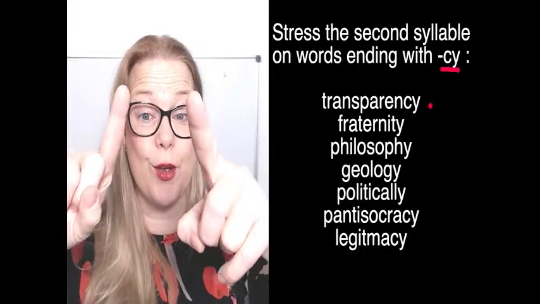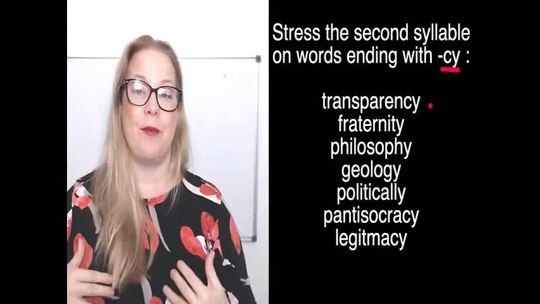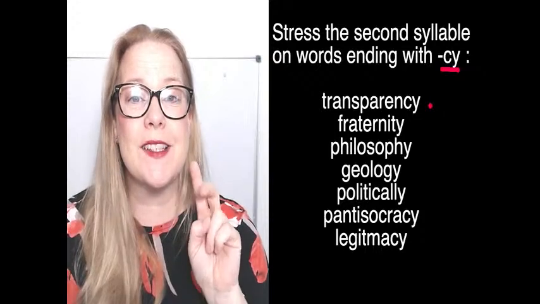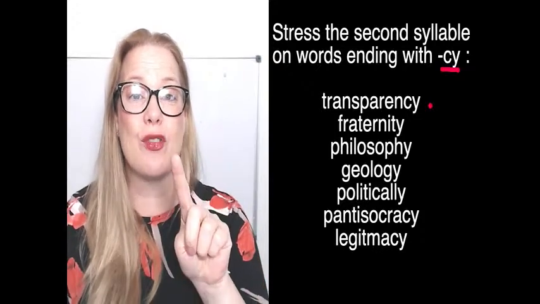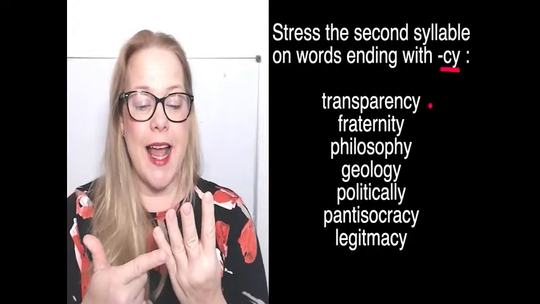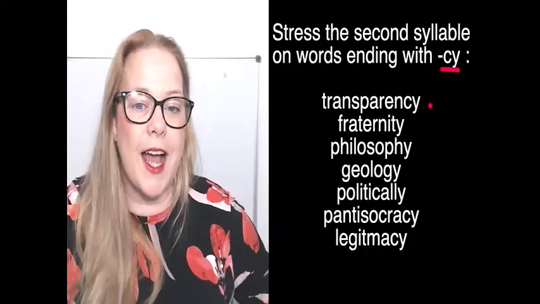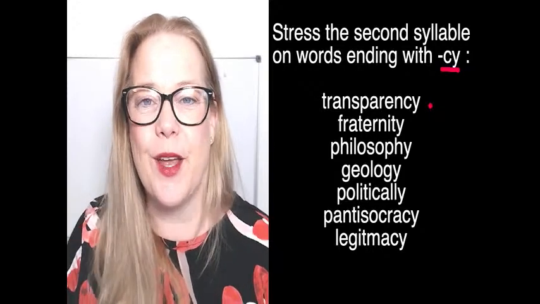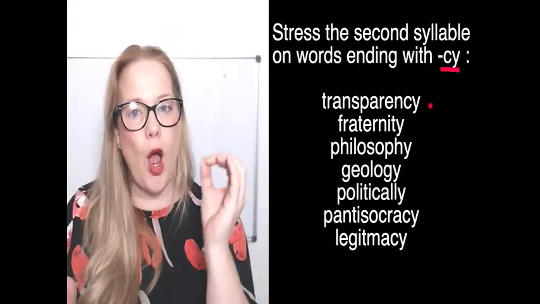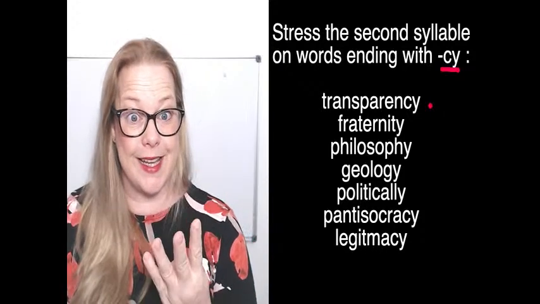I want you at home to repeat these words with me. Transparency. If you can, sound out the syllables with your fingers or clap or tap, or do whatever you need to do to help you hone in on the syllables. Transparency, okay?